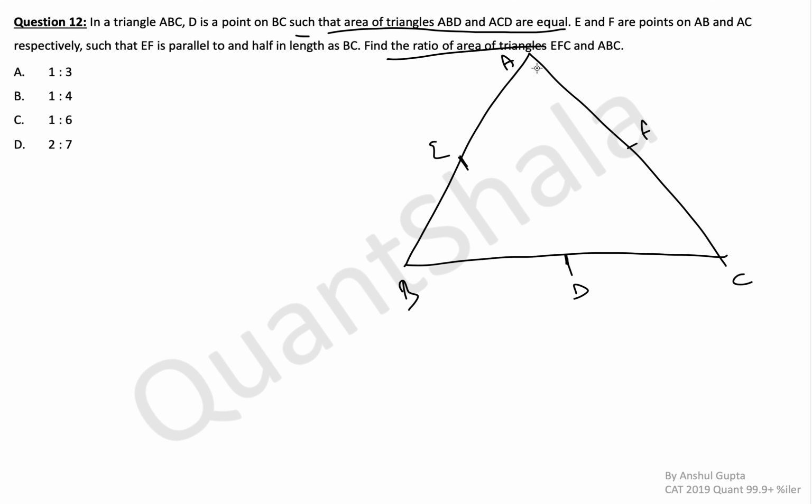Now find the ratio of triangles EFC and ABC. Let's draw the triangle EFC. E, F, and C. So I have triangle EFC and triangle ABC. I want to find this area.